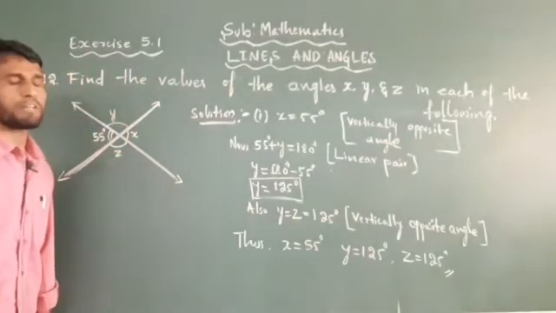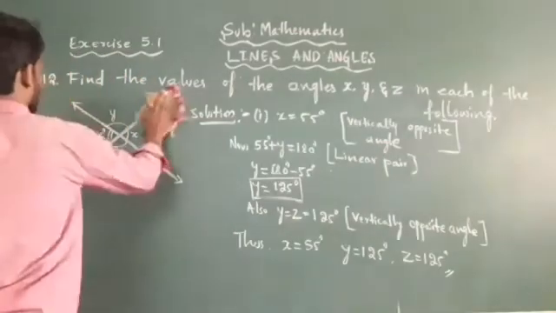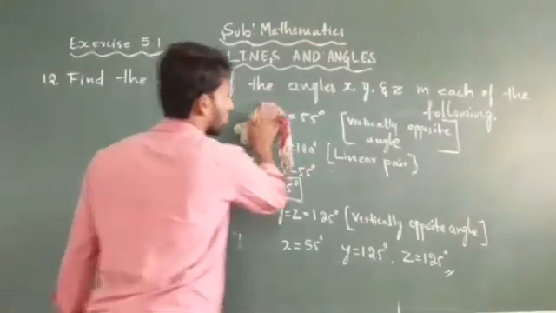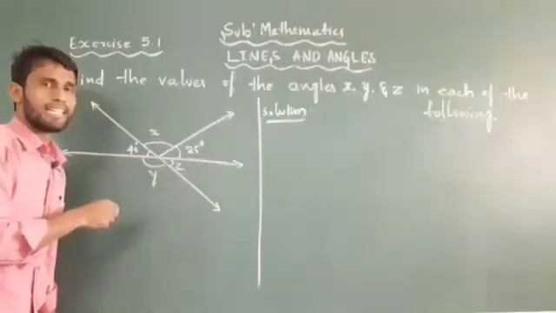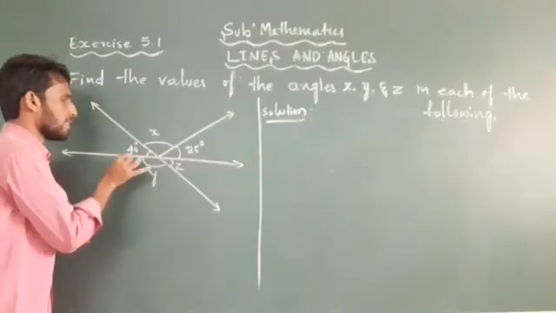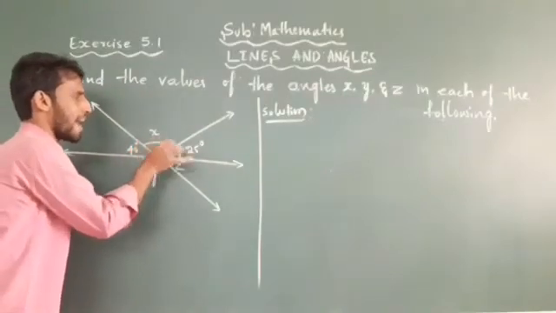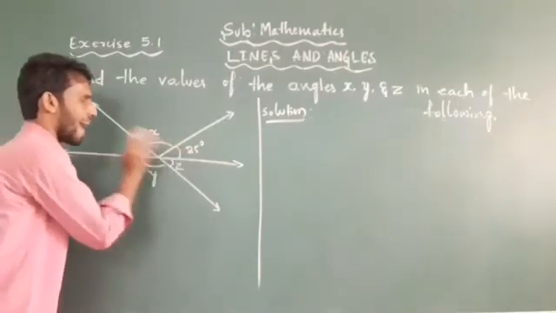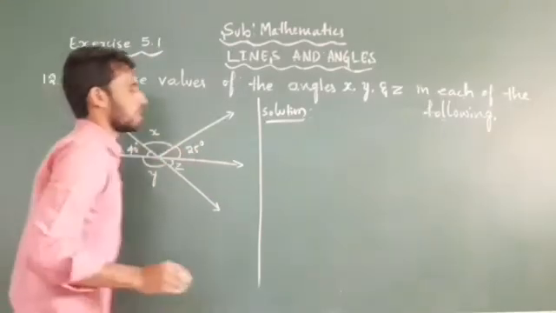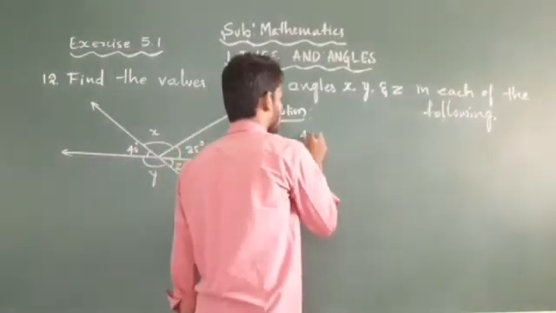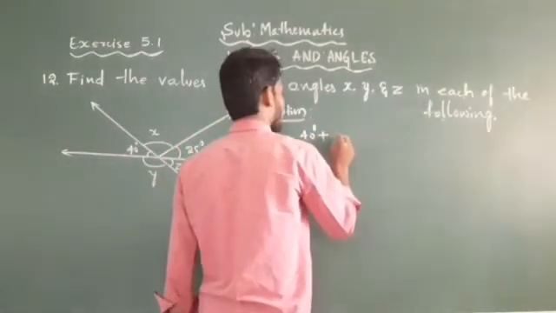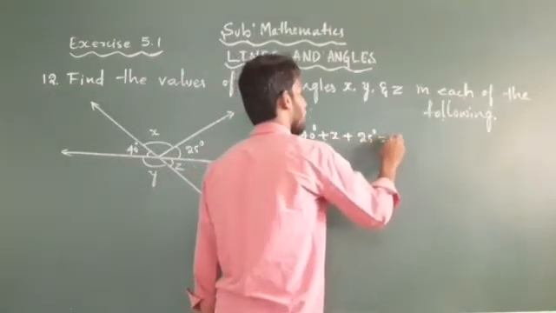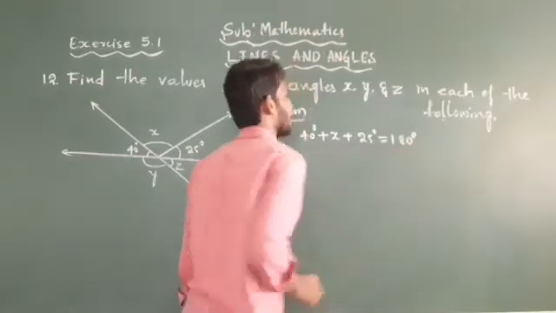Okay, dear student, next I am taking the second figure. See 40 degrees, x and 25 degrees. This is a straight line, so all these angles are on a straight line. Now we can say 40 degrees plus x plus 25 degrees is equal to 180 degrees.